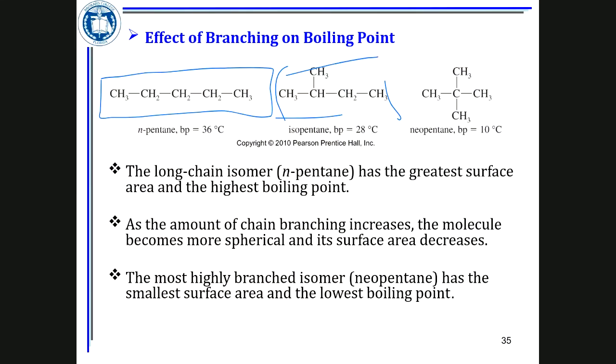And if you have 2 branches, and in organic chemistry, when we talk about a branch, it is anything that is attached to the main carbon chain. You look at the connections, like when you're counting 1, 2, 3, 4, 5. I didn't have to move the curve to count.